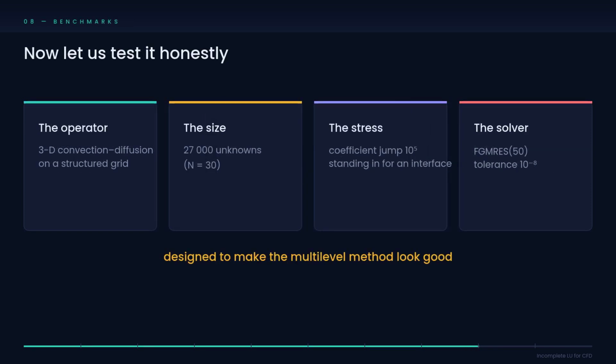Which brings us to benchmarking and to the most useful part of this lecture, because the benchmark I am about to show you does not say what it was designed to say. The test problem: a 3-dimensional convection diffusion operator, 27,000 unknowns, a coefficient jump of 10 to the 5th standing in for a fluid interface, solve with GMRES restarted at 50.